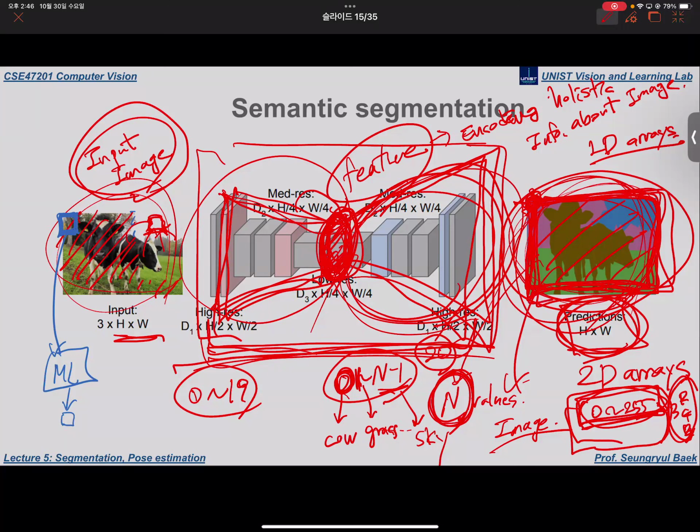We already made this semantic segmentation map, which has 1 channel with values from 0 to n minus 1. If we expand this to 3-channel signals having values from 0 to 255, that can actually be the RGB image. Are you guys following this?